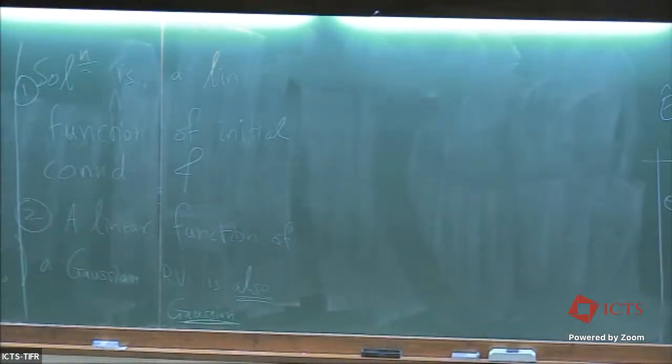The first fact is specific to solutions to linear differential equations. The second fact is a general fact about Gaussian random variables. You write down a linear transformation of a Gaussian random variable, it is also Gaussian.